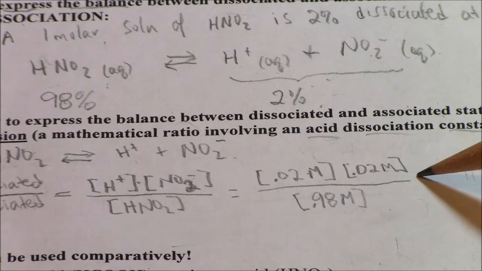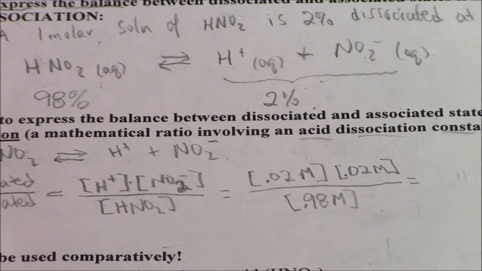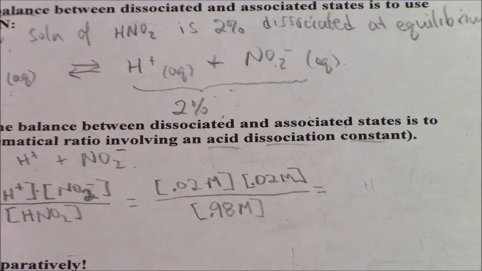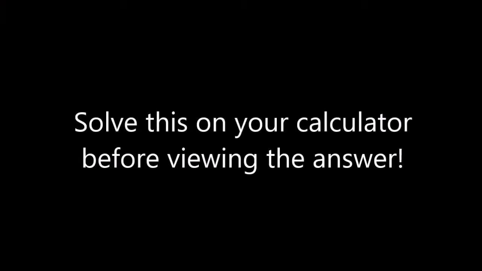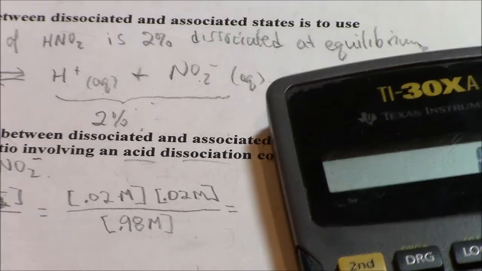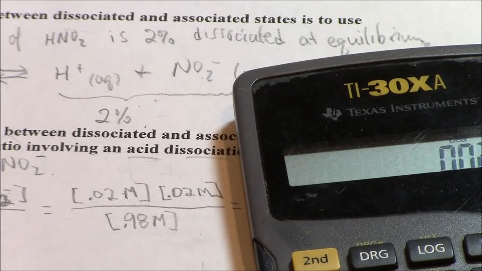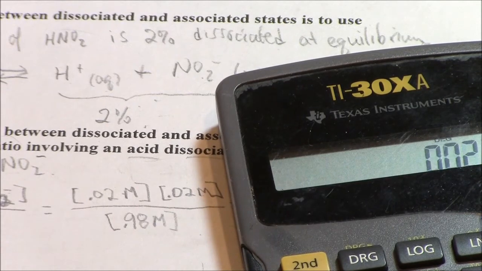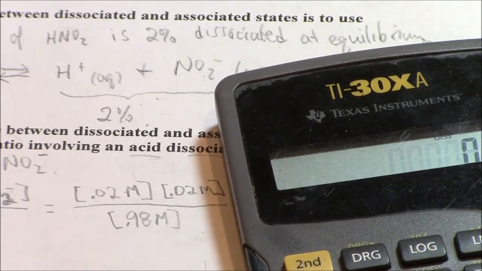Alright, so this I'm going to run through my calculator and solve. It's a ratio. It's not as simple as 1/4, but I can solve this with a calculator. On the calculator, I am doing 0.02 times 0.02 divided by 0.98.